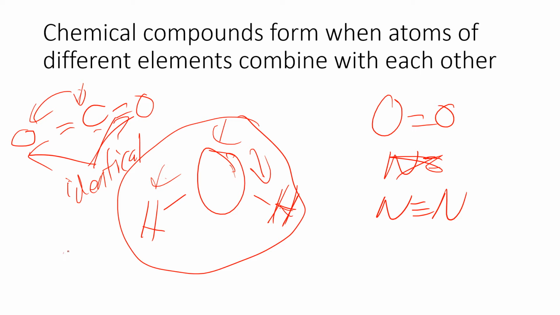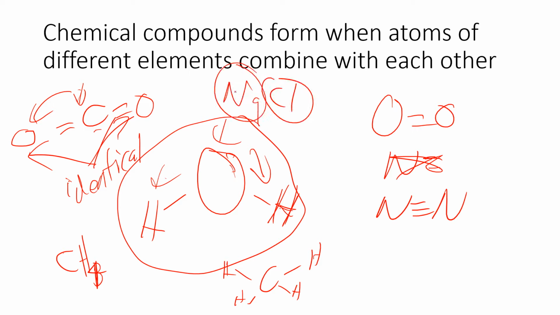Most of chemistry, in fact, is compounds. A lot of organic chemistry deals with carbon bonded to a different element, hydrogen. Even our ionic substances like salt, NaCl, these are two different elements. This is a compound, and these are when atoms of different elements combine with each other.